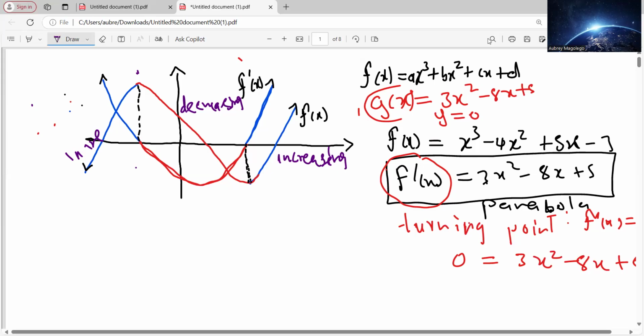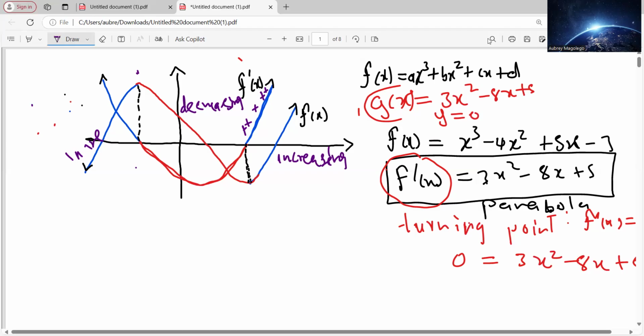of the cubic. So now, if we can notice very well, the cubic function increases where the graph of f prime, which is the parabola graph, is greater than 0. The moment the graph is greater than 0, it is above the x-axis. Where the graph of f prime is positive, that's where the cubic is increasing, because the parabola graph represents the gradient of the cubic.